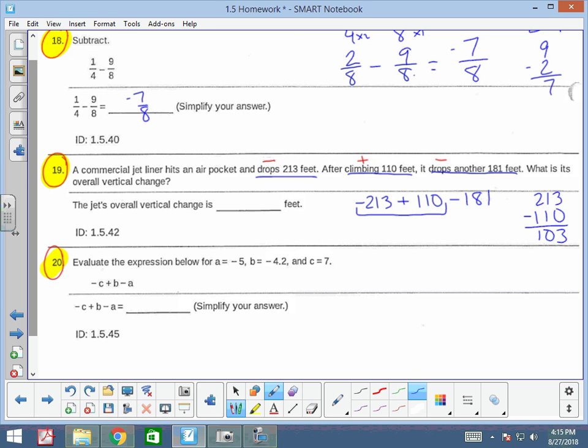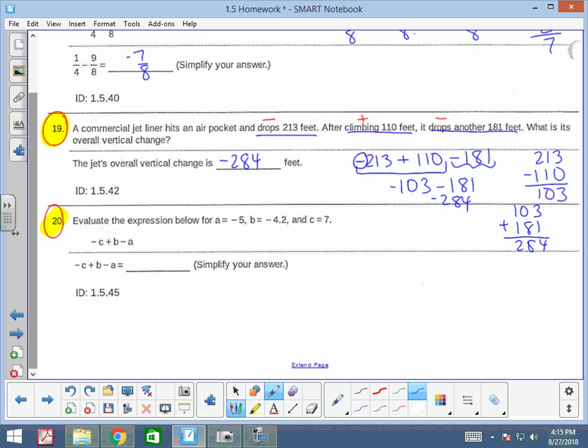So that is negative 103, because the sign of the bigger number is negative. Bring this part down, so minus 181. Now they're same signs, so we're going to take 103 and add 181 and keep the sign. So this is negative 284 feet. So overall, the plane dropped a total of 284 feet.